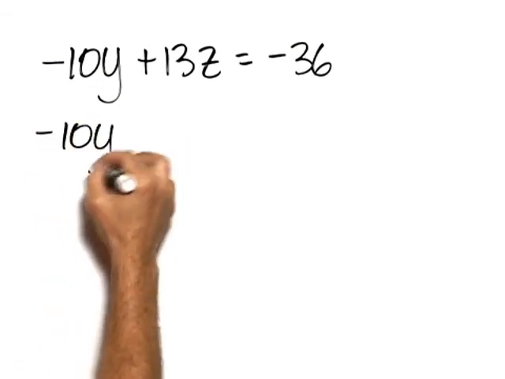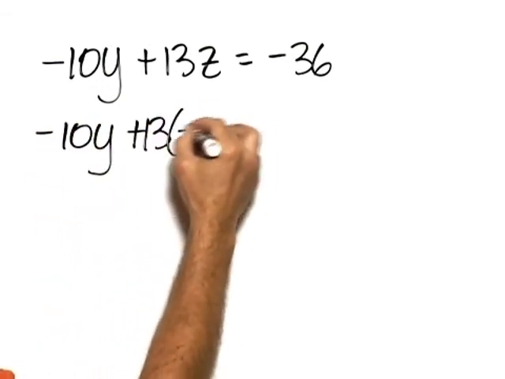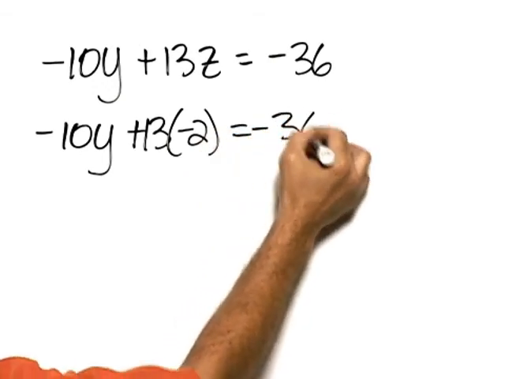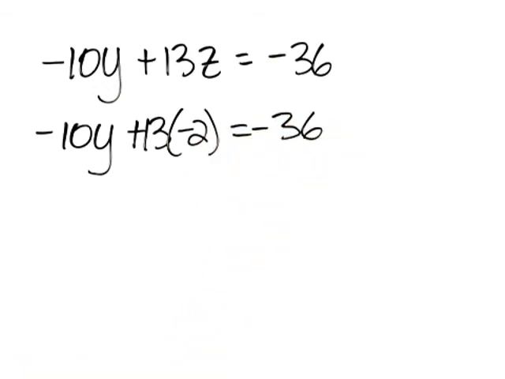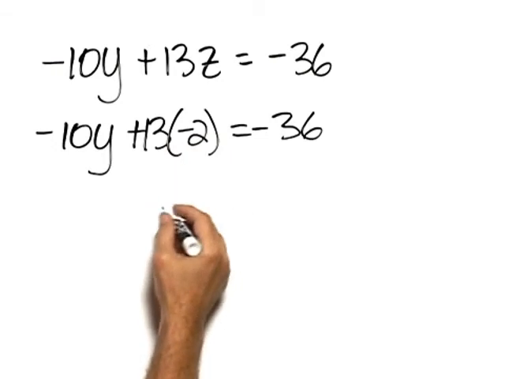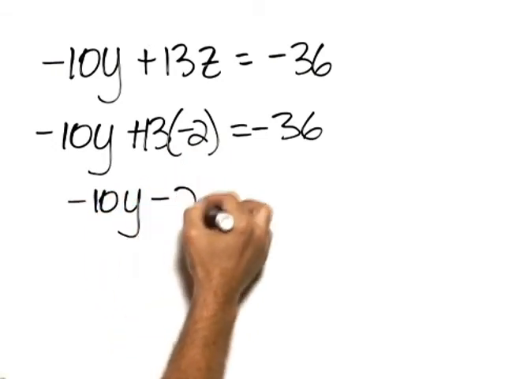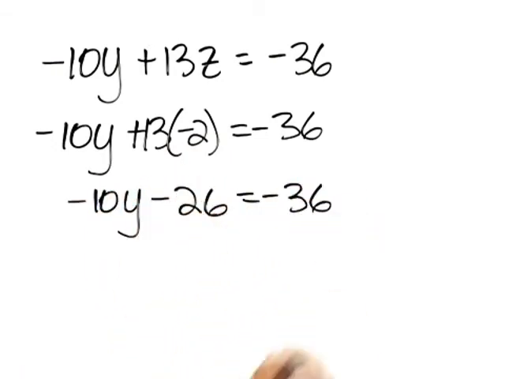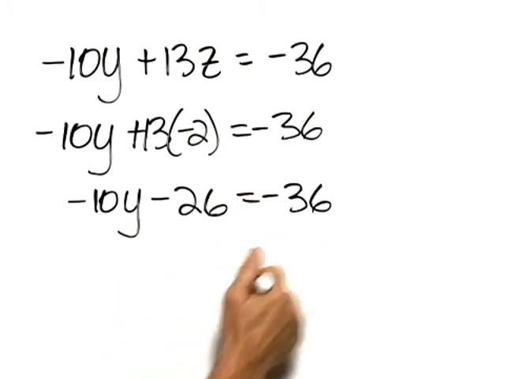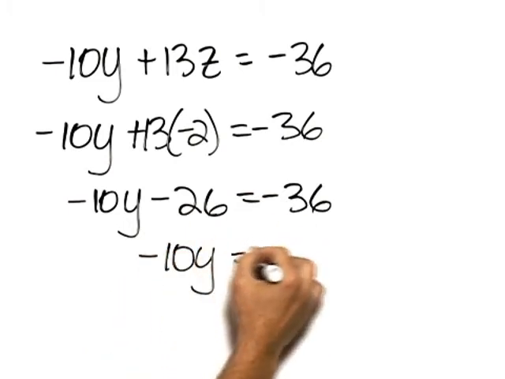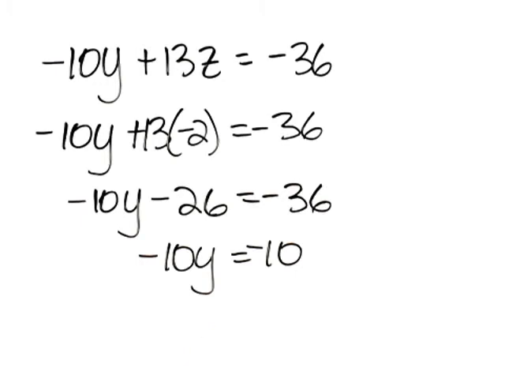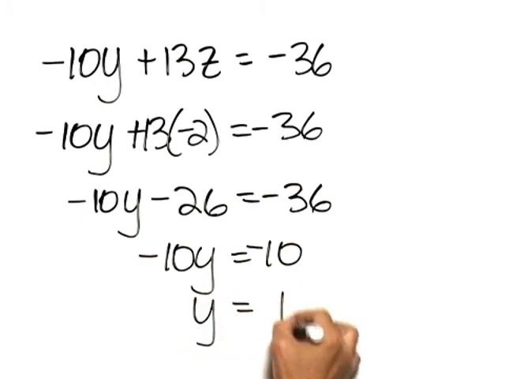So -10y plus 13 times -2 equals -36. This is -26, so -10y minus 26 equals -36. Let's add 26 to each side, so -10y equals -10. That means y is equal to 1 because -10 divided by -10 is 1.